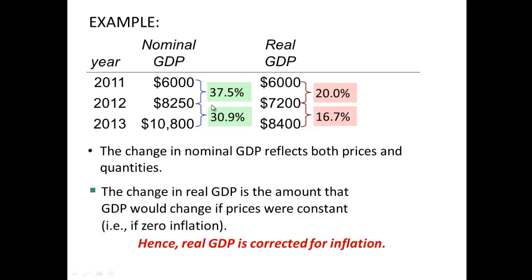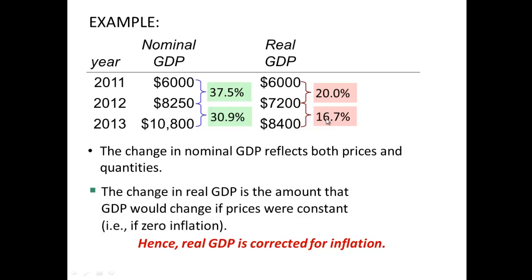Remember from the first slide, the percentage change between 2011 and 2012, we saw a 37.5% increase in GDP. And from 2012 to 2013, GDP grew by 30.9%. That's nominal or current. And then when we adjust it, we see that GDP only increased by 20% between 2011 and 2012, and 16.7% between 2012 and 2013. Now, how do we interpret this data?